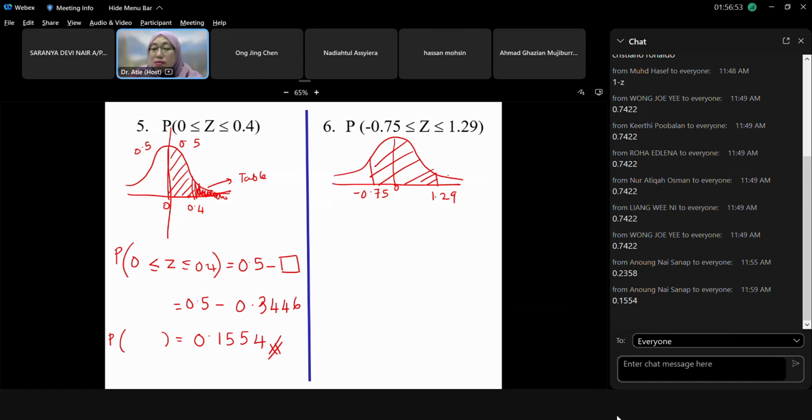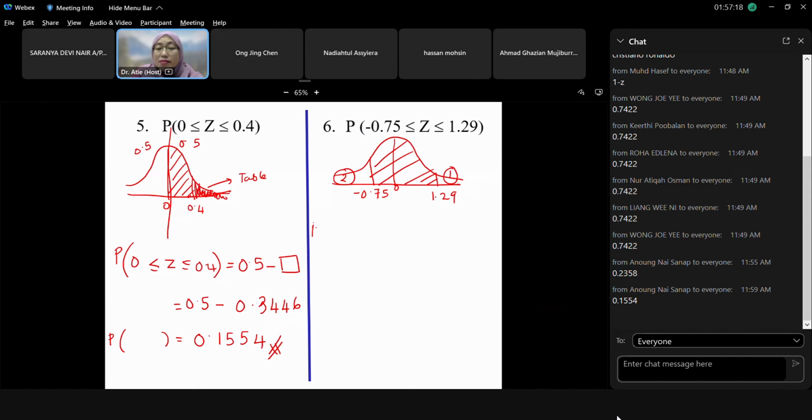The first one, this one, and then the second one. So we know that this graph, the one that we shaded, involves the whole graph, and the total area under the graph, the probability, will be 1. So how can we find the area that we are looking for?